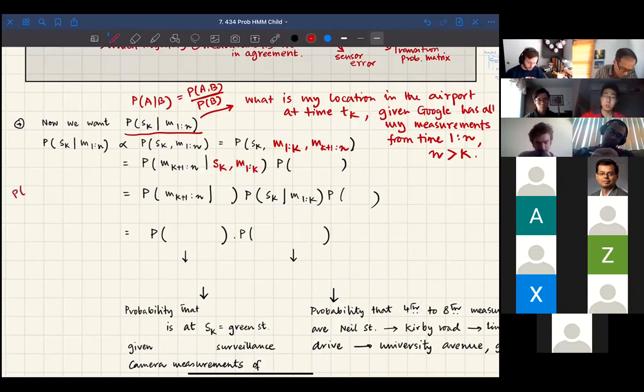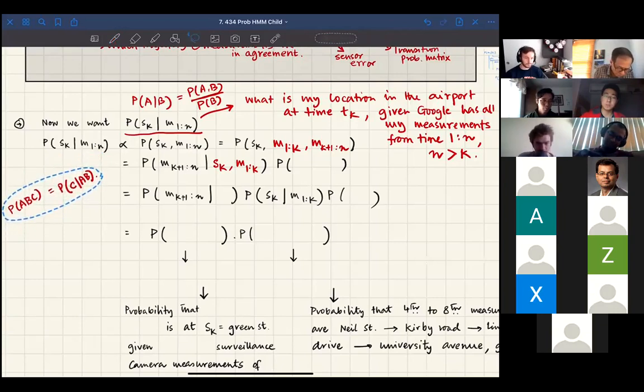I'm saying P of ABC equals P of C given AB. Chain rule. Now, if this is P of C given AB, this equality doesn't hold, so I need to multiply this with what? If I need to finish this equation, what do I need to do? Times PAB. PAB, very good.